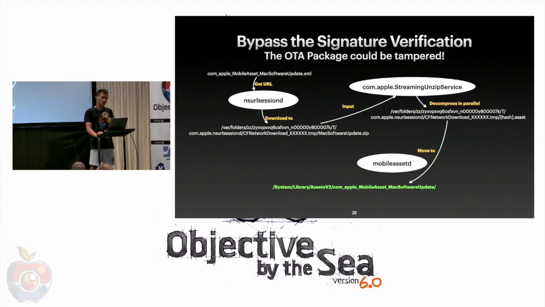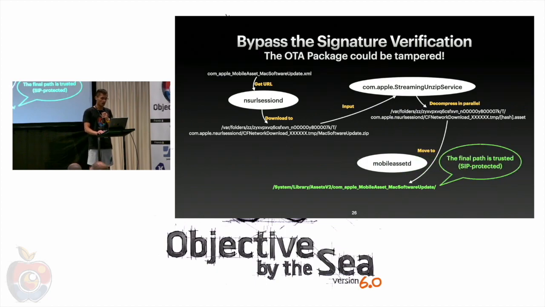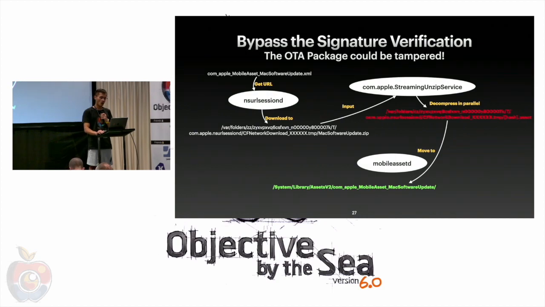Well, let's review the second stage of the update that we talked about earlier. First, we can confirm that the final path of the OTA package is protected by SIP. However, we will notice that the extracted content is first placed in a temporary location, which is not restricted at all.